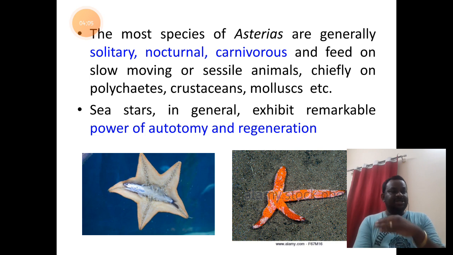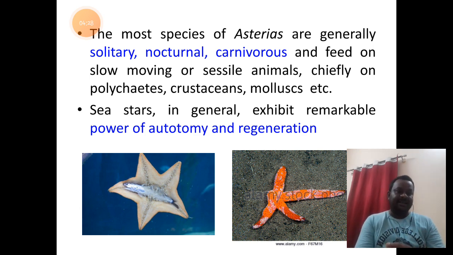The species of Asterias is generally solitary. Solitary is the term used for the organism when it lives alone or individually. So it lives as a single organism. Hence it is called solitary.